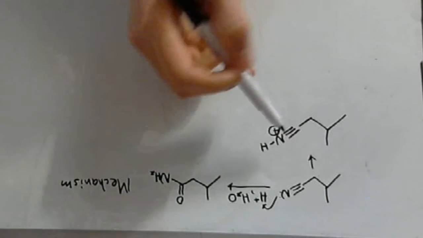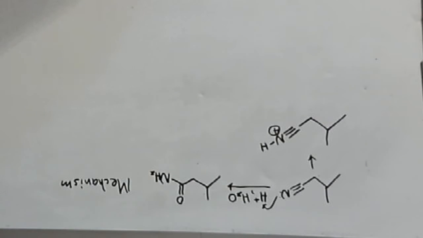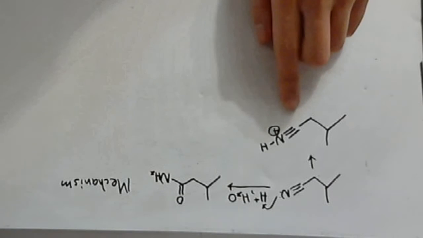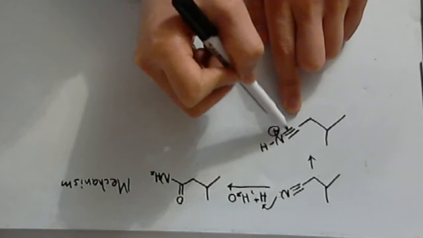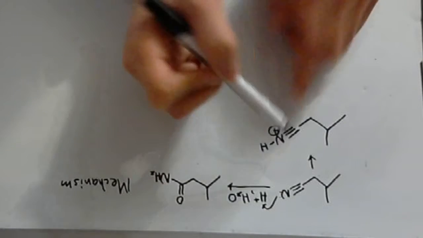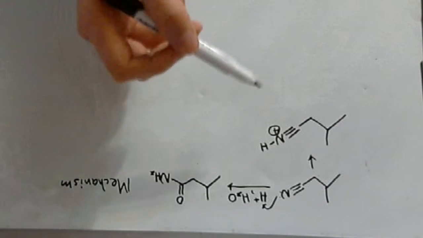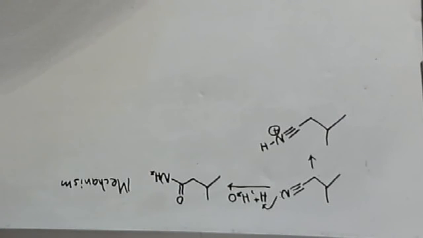Okay, so now that we have this compound, this should remind you a little bit of a carbonyl because we have a carbon here and we have multiple bonds to a more electronegative atom. So based off that, we know that it's going to react exactly like a carbonyl will react.